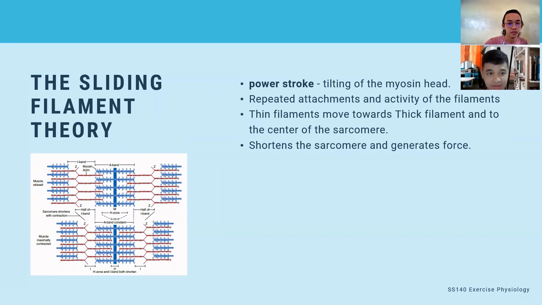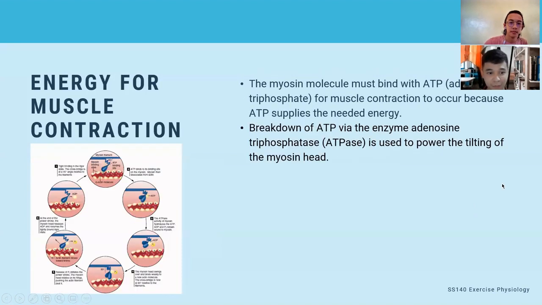So sliding filament theory is the movement of the thick and thin filaments crossing past each other. When that happens, the sarcomeres and myofibrils shorten with the help of the power stroke with the use of the energy.